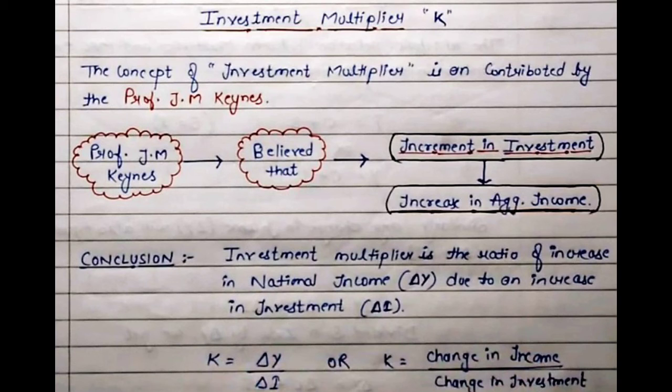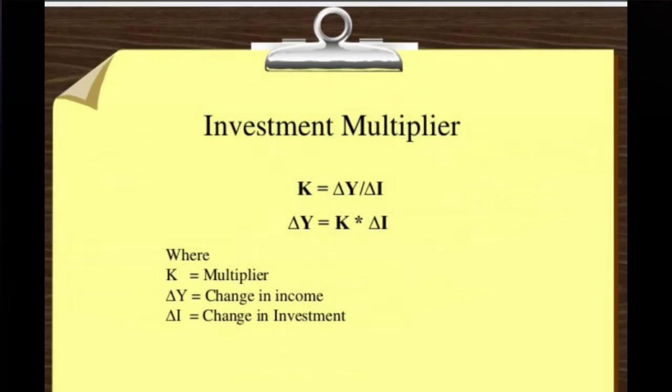I buy a land for rupees 5 lakh. After some time, somebody wants to have a function there, so I ask them for a rent of rupees 10 lakh. What happens? My investment of rupees 5 lakh got converted into 10 lakh. This is the formula of the investment multiplier: K is the multiplier, Y is income, I is investment.